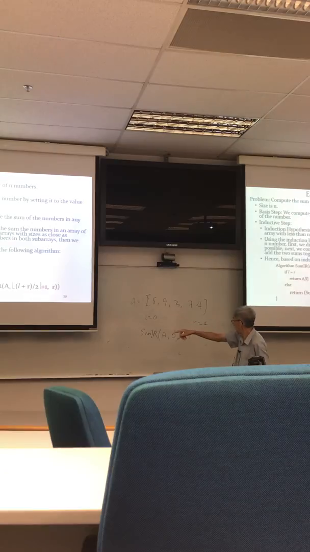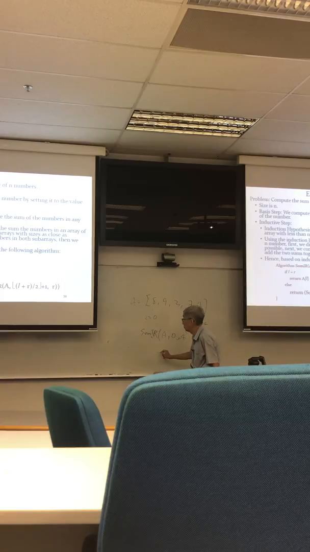Then you check whether L and R are equal. It's not equal, that means it's not the smaller size, it's not just one element. Since it's not equal, we will execute the else part. Execute else part means return. You add these two sums together, sum of A.